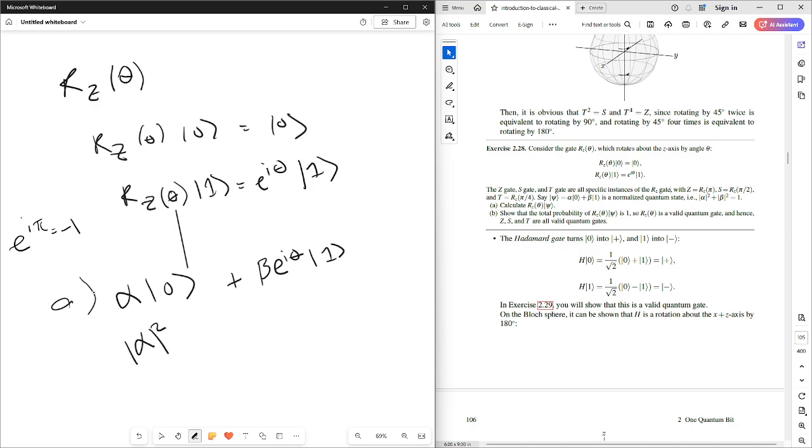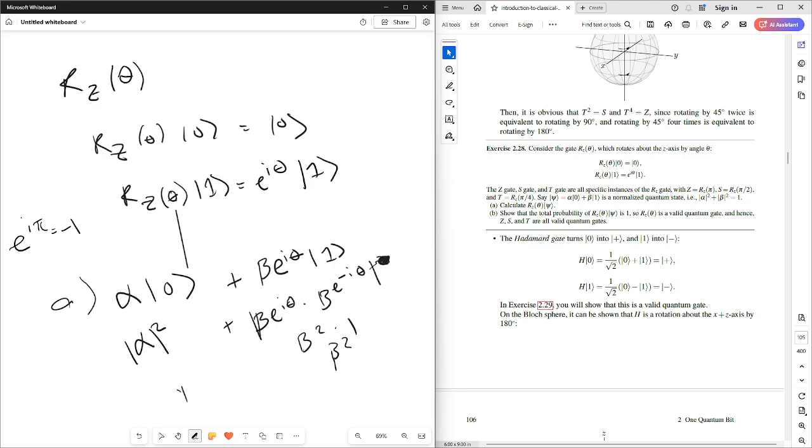Alpha squared, and beta e to the i theta. Since this is complex, we'll take it and multiply it by its complex conjugate, which, as we discussed earlier, is squared within here. So this equates to 1. So we have beta squared times 1, beta squared.